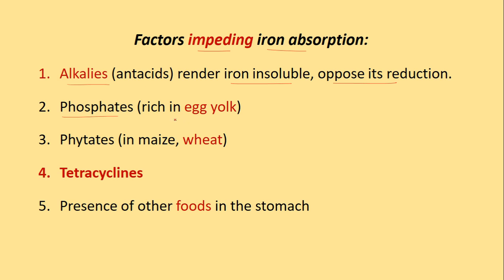Phosphates, which are rich in egg yolk, and phytates in maize and wheat also impede it. And the antimicrobial agent tetracycline, you should remember this, is very important: it will also decrease iron absorption because of the formation of insoluble complexes. Also, the presence of other food in the stomach will interfere with the absorption of iron.